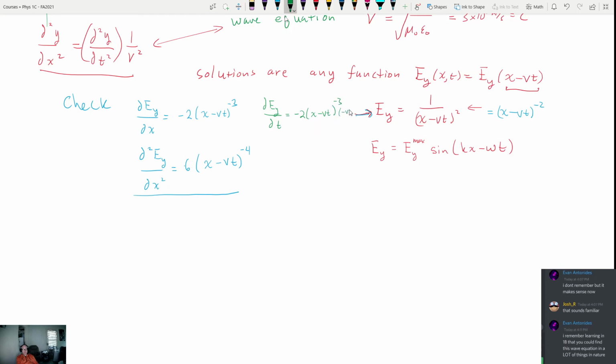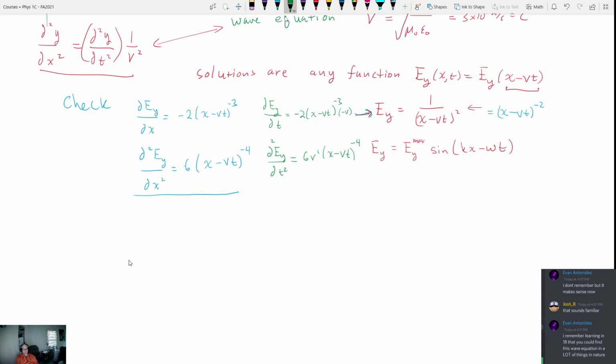When we then take the next derivative, del 2 Ey del t2, we're going to have negative 3 times negative 2 times negative v, and we're going to get another v out of there, so I think what we're going to get is 6v squared times (x minus vt) to the negative 4. And now let's see if I got the symbols right. So this was positive, and then we brought down a negative exponent, but we also multiplied by another negative. Yeah, it looks right to me.